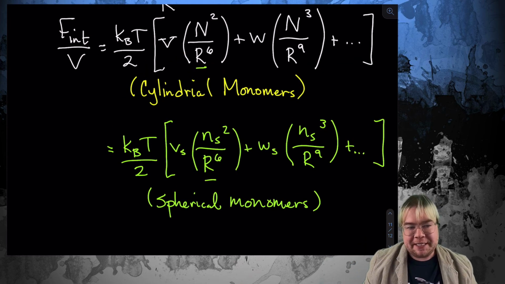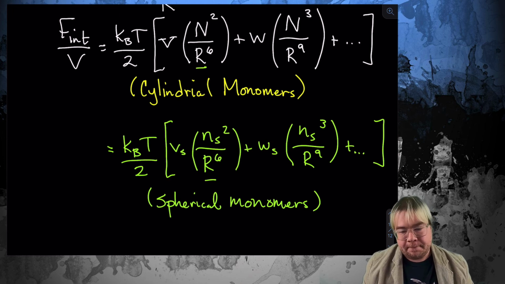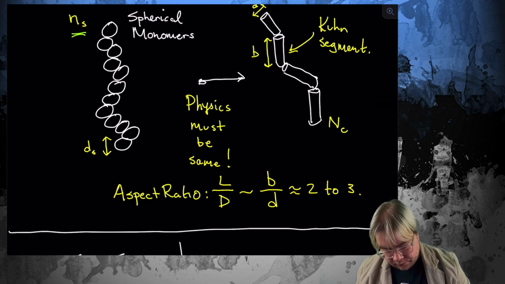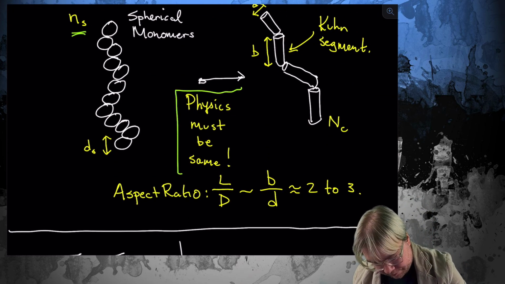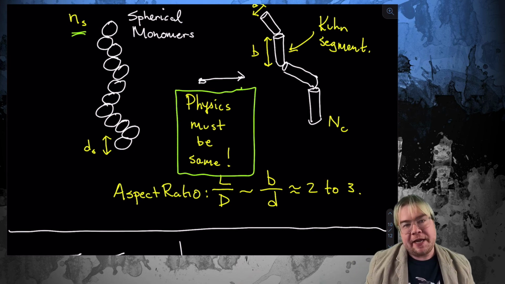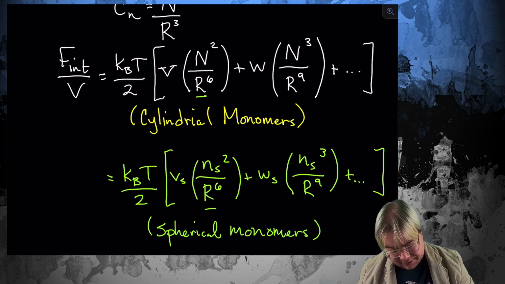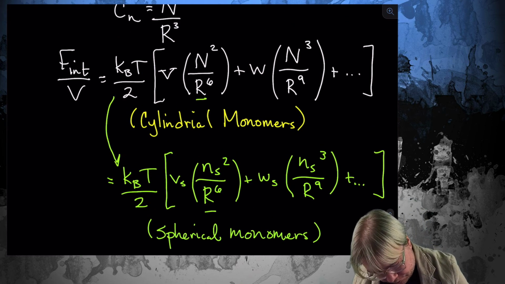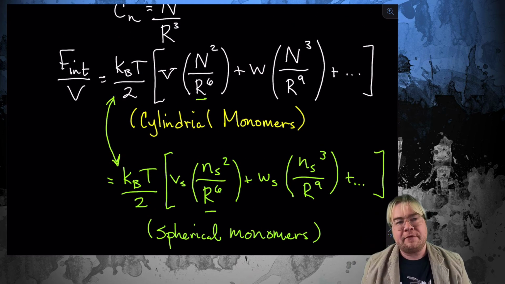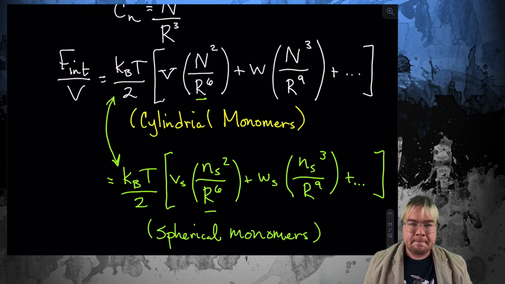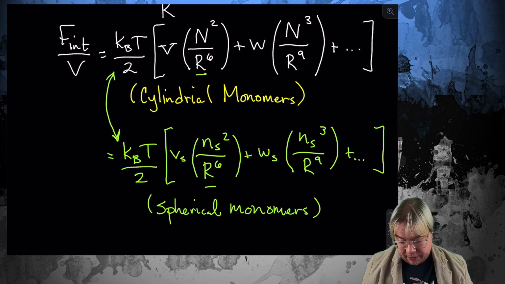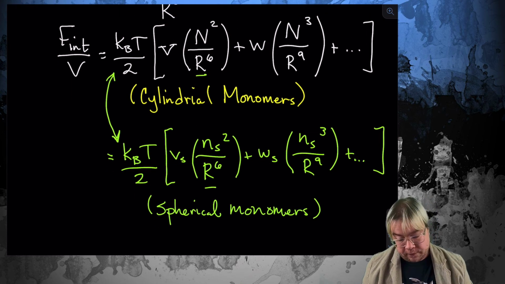But the free energy of my chain is going to be the free energy of my chain no matter how I describe it. That's what I mean up here when I say that the physics must be the same. That means the free energy has to be the same value no matter how I describe it. And if that's the case, then it means these two expressions have to be equal to each other. And the only way that they can be equal to each other is if each term is equal.